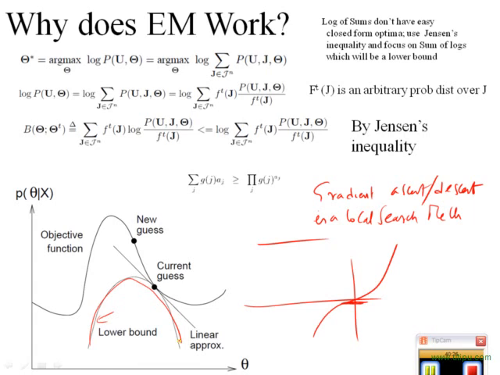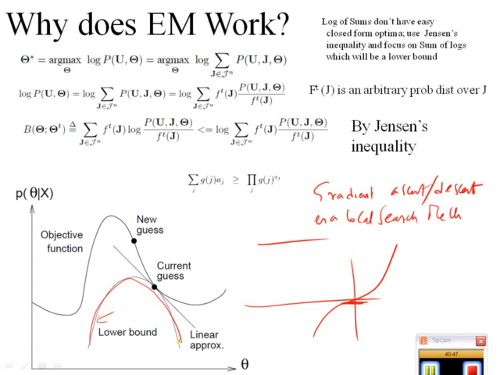Okay, so instead of just making a small step on the function, I made a big step from here to here. And that is basically what EM is best understood as.